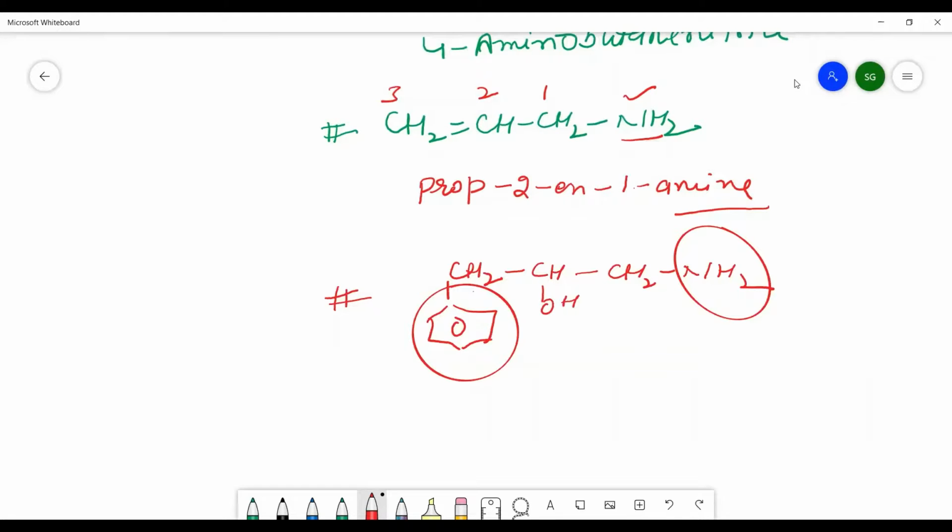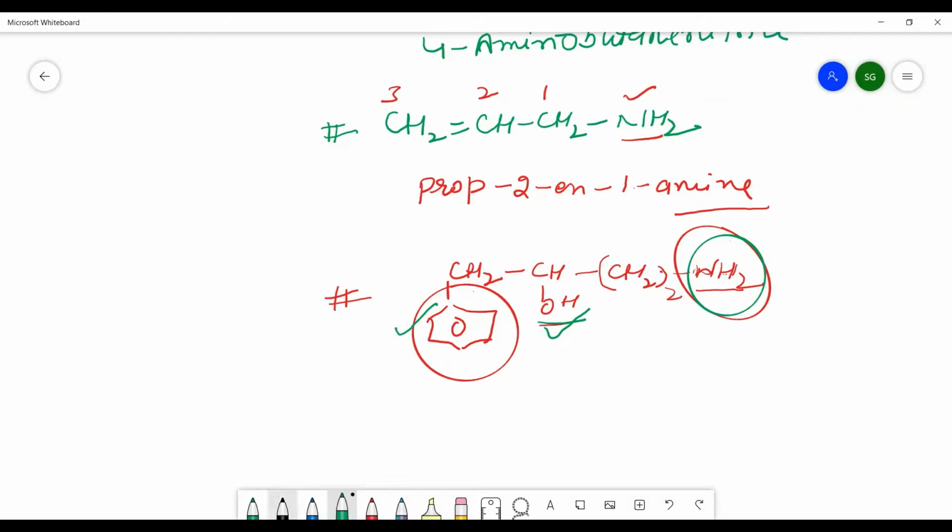So what will happen over here? Here you can see that among the NH2 and OH, OH will get preference over the NH2, and NH2 and the phenyl group will become substituents.